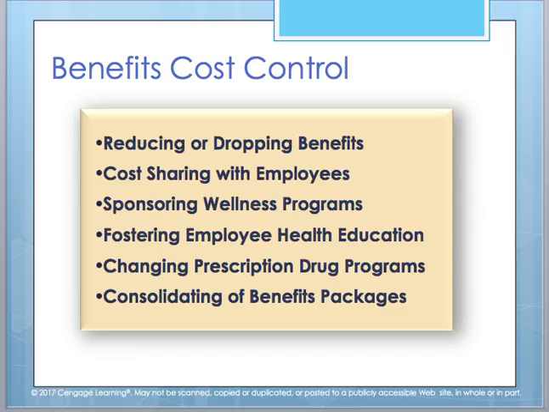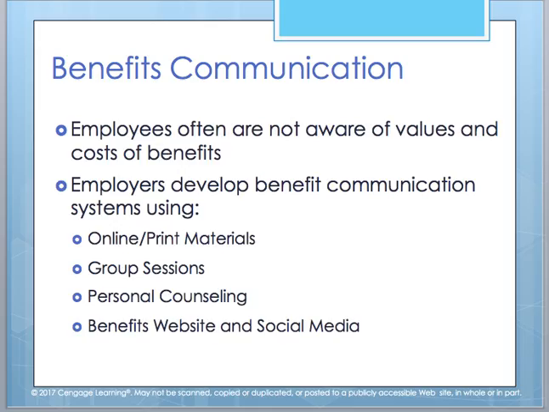There's sponsored wellness programs. It helps to engage employees into taking better control of their health, education, being more informed, helping to change prescription drug programs, and also consolidating, right? Merging in some of those benefits packages.